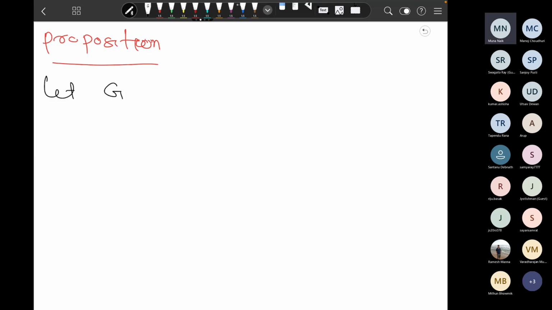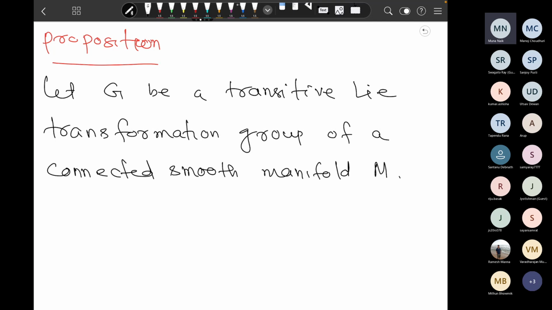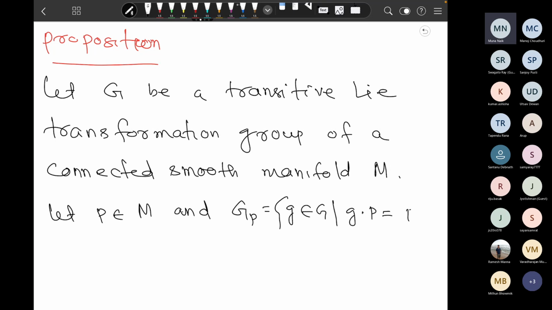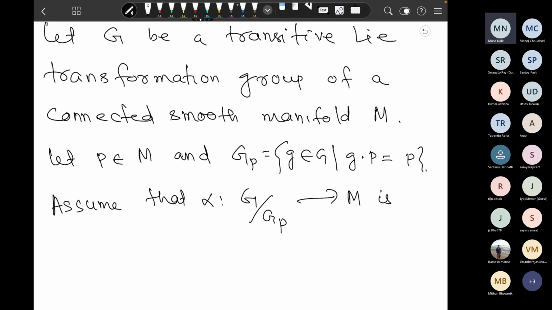Let G be a transitive transformation group of a connected smooth manifold M. Let P belong to M, and GP is the set of G belonging to G so that G dot P is equal to P. This is the stabilizer of P in G. Assume that alpha from G mod GP to M, given by alpha of G dot GP to G dot P, is a homeomorphism.